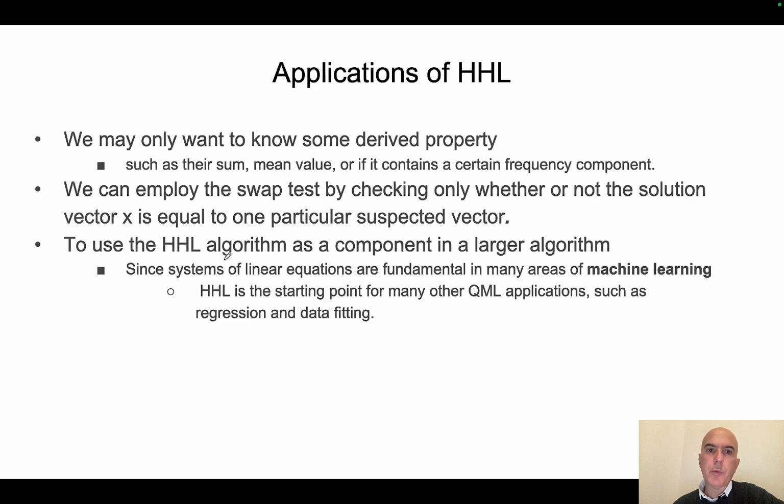Also, it is worth mentioning that the HHL algorithm is an important component in larger algorithms. For instance, it's widely used in machine learning. If we want to do principal component analysis, typically the HHL is a starting point for many of the quantum machine learning applications, including regression and data fitting.